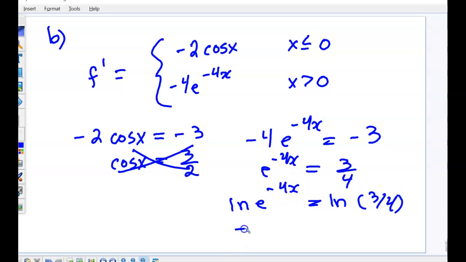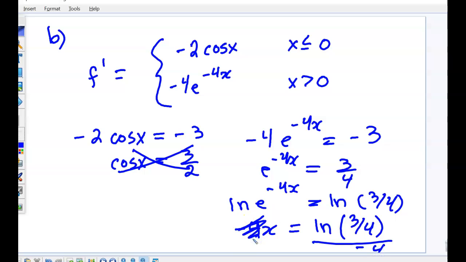Using my rules for logarithms, the negative 4x comes out front, and ln e is 1, so the left side becomes just negative 4x. The right side is ln of 3 over 4. And now you just divide both sides by negative 4, and that would be your solution, where the derivative has a value of negative 3. So again, a good question, not that challenging, but you need to know a lot of skills in order to tackle this problem.